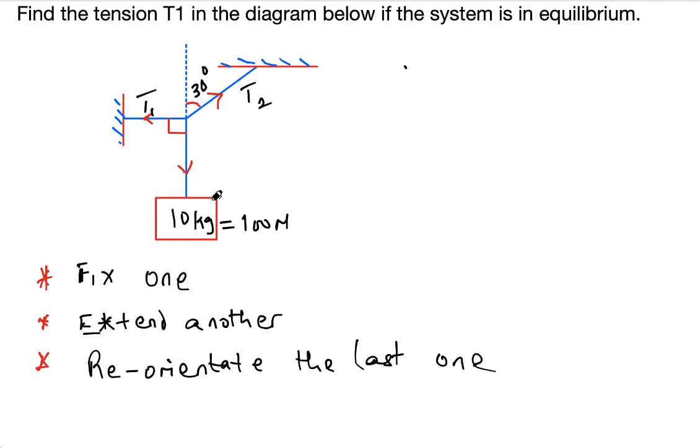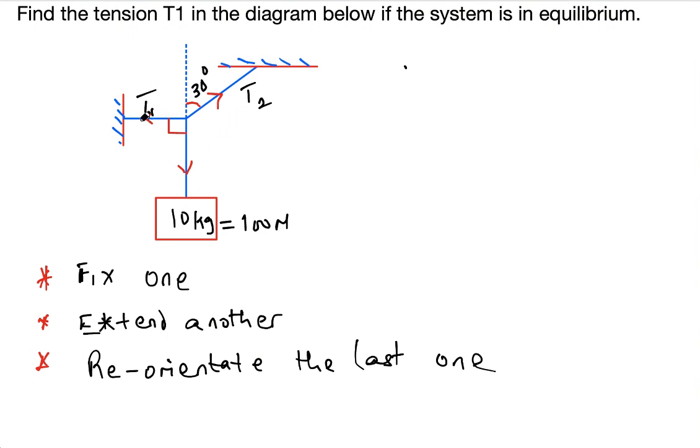Now, the next thing to do is to extend another. We have T1 and 100 newtons to extend. T1 is going to the left, 100 newtons is going down. Extending means that as this one is going to the left, we can extend it to the right; as this one is going down, we can extend it up. The one we extend is the one that will enclose the angle that has been given.